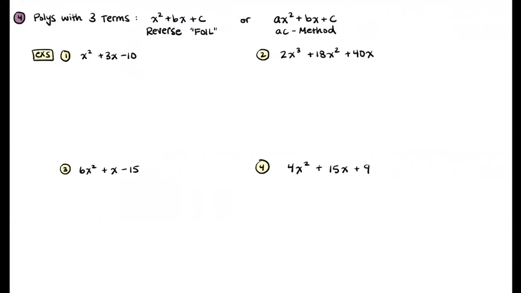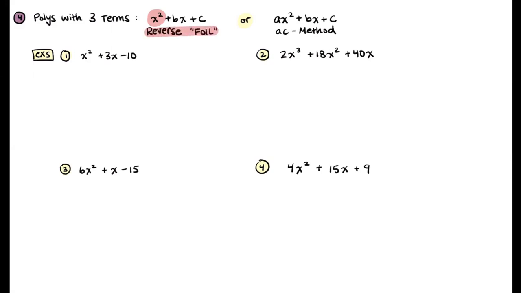So the first situation is when you have an x squared term that does not have a number in front other than 1. So if you have 1x squared plus bx plus c, where b and c are any numbers, then I'm just going to call it reverse FOIL.